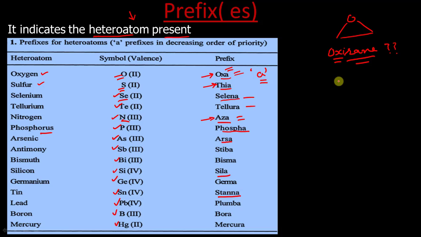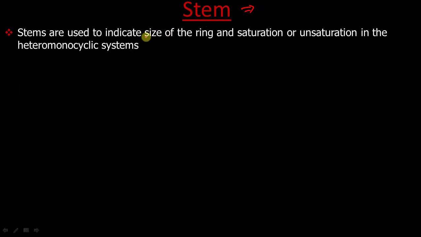If you don't remember, you can see from this table, and if you do many problems with this, you will automatically keep remembering these prefixes, and prefixes are easy. The next most important thing is the stem, and we have already discussed stems. They are used to indicate the size of the ring, and they also represent whether the ring is saturated or unsaturated.